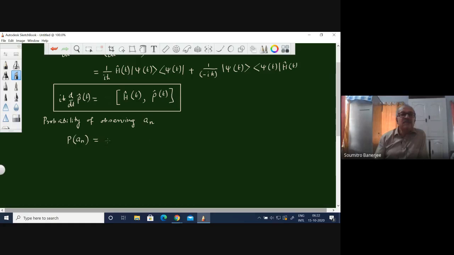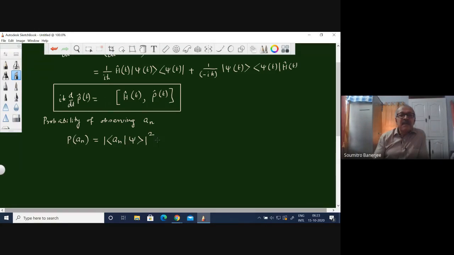So it is the probability of a_n. This we know is the overlap of the eigenvector a_n with psi, mod squared. That is the probability, right?